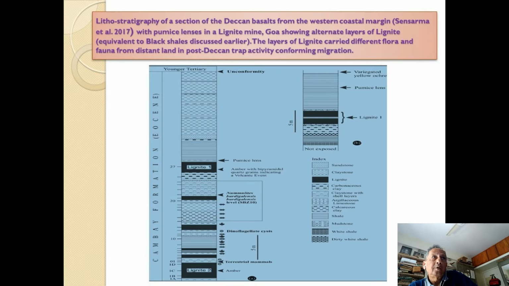A little stratigraphy of a section of Deccan basalts from the western coastal margin, studied by Sahni and Sharma, is shown here, with lenses of pumice occurring at different levels together with lignite, showing alternate layers of lignite and black shales.